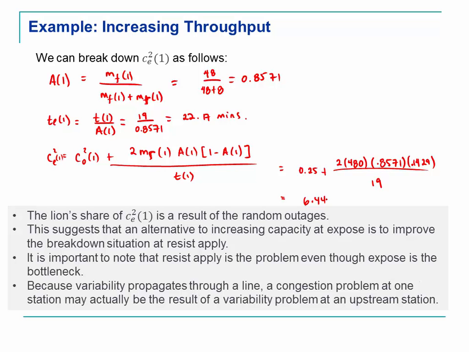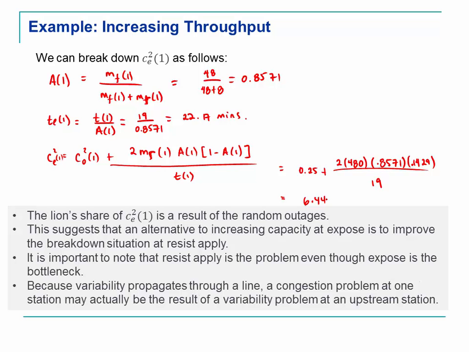Because variability propagates throughout the line, the congestion problem at one station might actually be the result of a variability problem at the upstream station. And we have mentioned this already. Okay, so by improving the outage problem at the first machine, we should be able to improve the overall performance of the system, or the manufacturing line, without having to increase, maybe we would still need to increase the capacity, but not as much as right now.